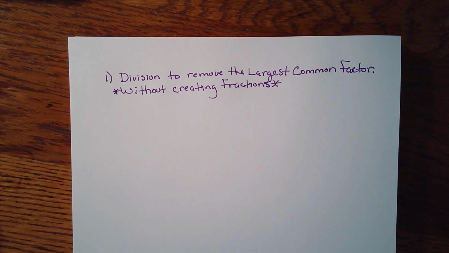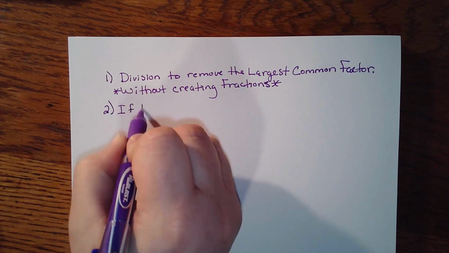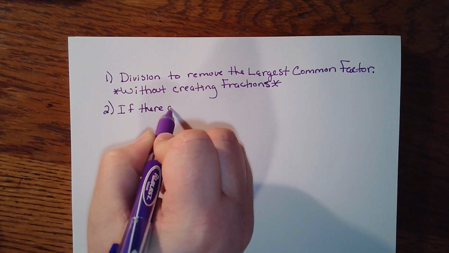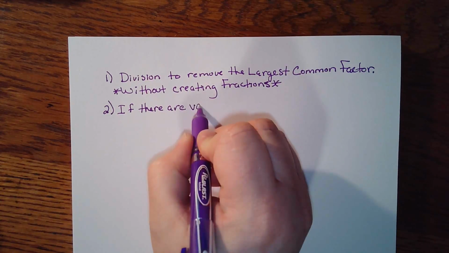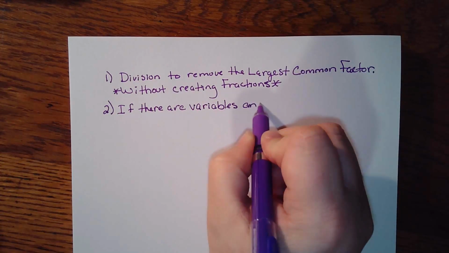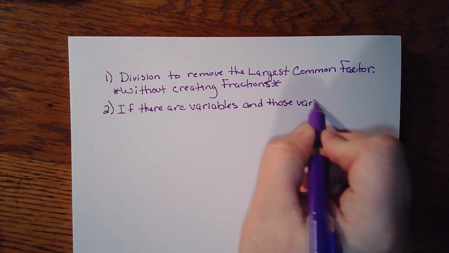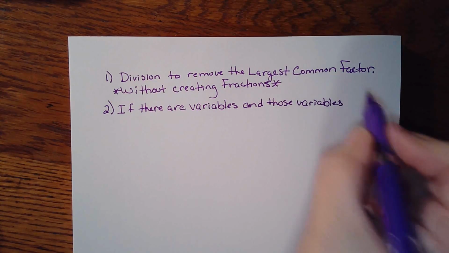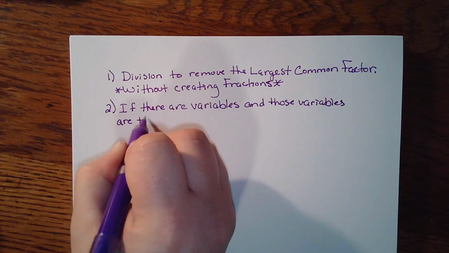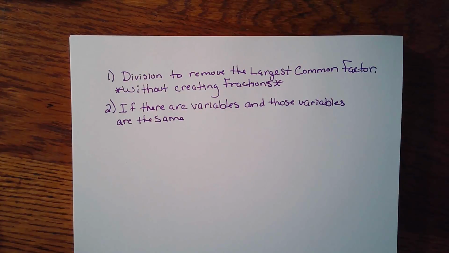Okay, so the second rule is going to be real simple. If there are variables, and those variables are the same, so what I'm talking about is if you have an x and an x squared and an x cubed, they all have x's, but their exponents don't have to be the same.